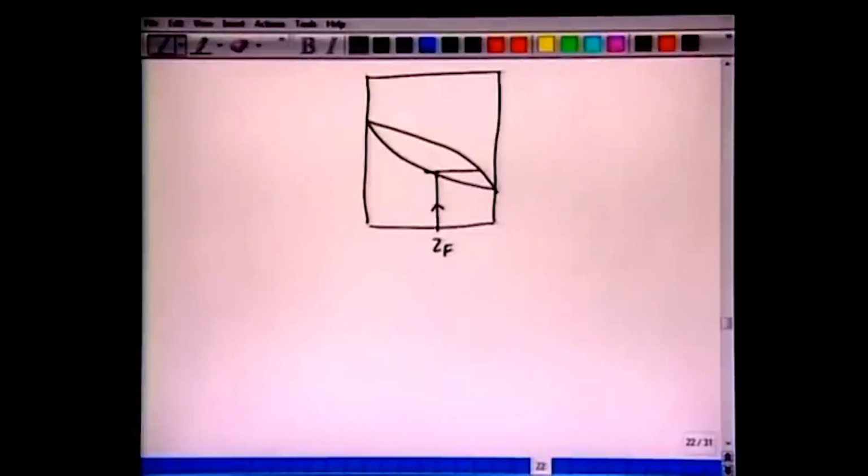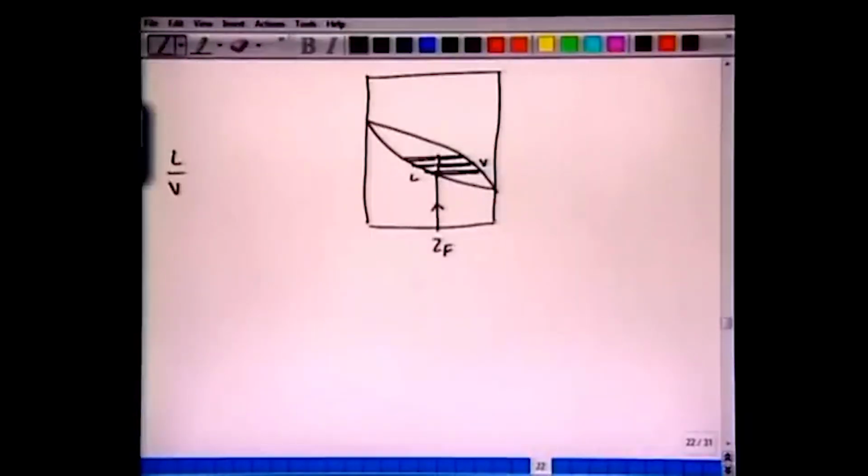So now we have this tie line. ZF is fixed here. This is V, this is L. Further increase, now we have another V, another L. Further increase, now we have this. So follow the segments. This segment, this segment, this segment decreases. This segment, this segment, this segment increases. All right, so this is what we wrote here.